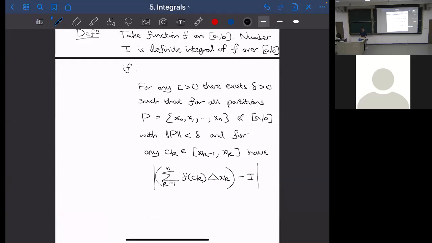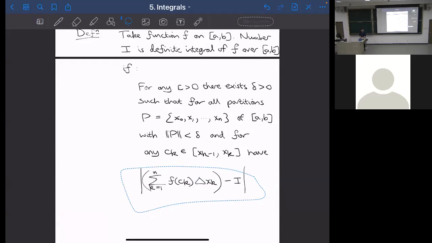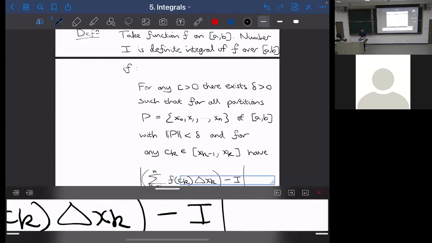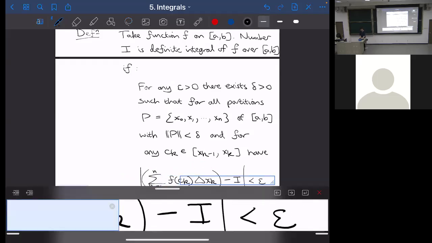We take the Riemann sum and subtract I and take the absolute value, and we make this less than epsilon.